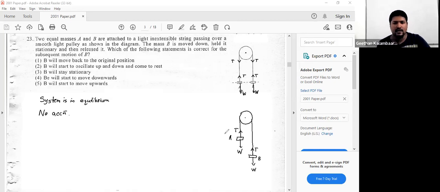The forces are equal and opposite. So once you keep it somewhere, it will stay there because this is the neutral equilibrium position, not stable or unstable. So B will stay stationary. Nothing else will happen, right?